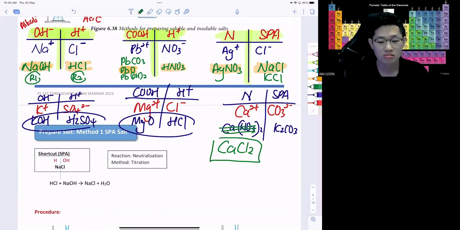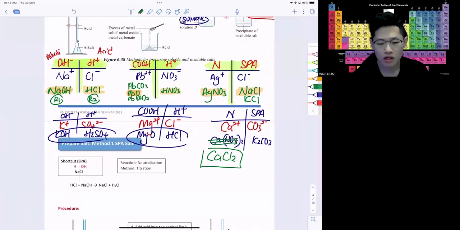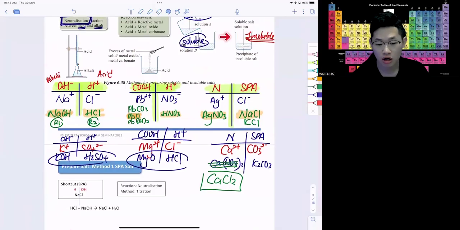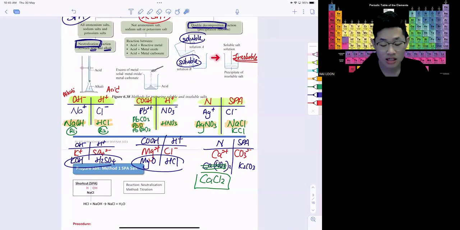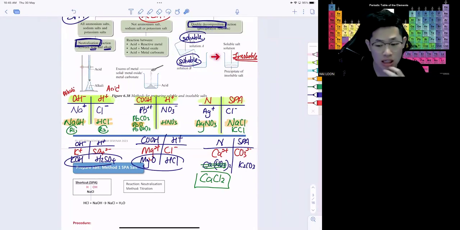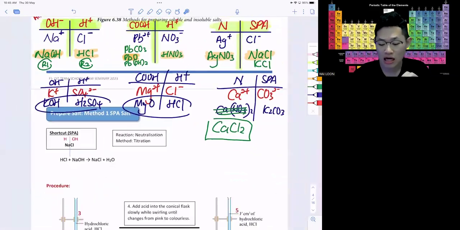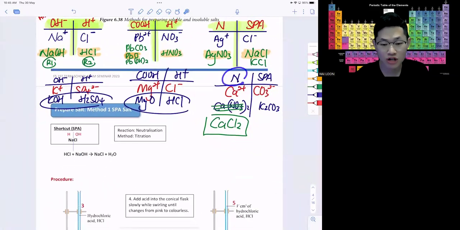Hong Liang, very good. Can we? You have to ask yourself, is it soluble? The reactant that we use here must be soluble. It doesn't have to be nitrate 100%.